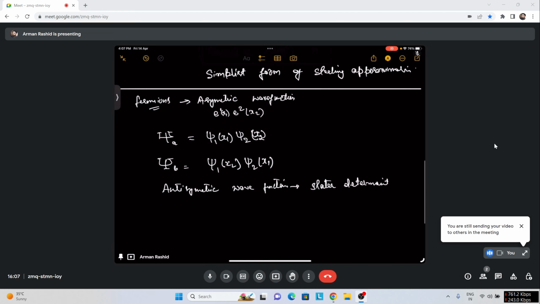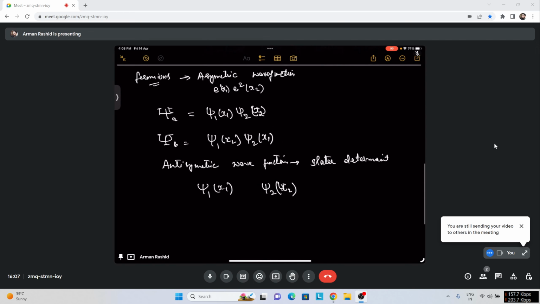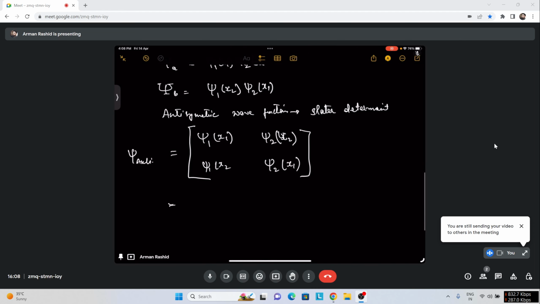So how the Slater determinant works is: psi 1 x1, psi 2 x2, then here is psi 2 x1, and this is psi 1 x2. Okay, this will be psi antisymmetric. So if we solve this, we'll get a combination of the above two.